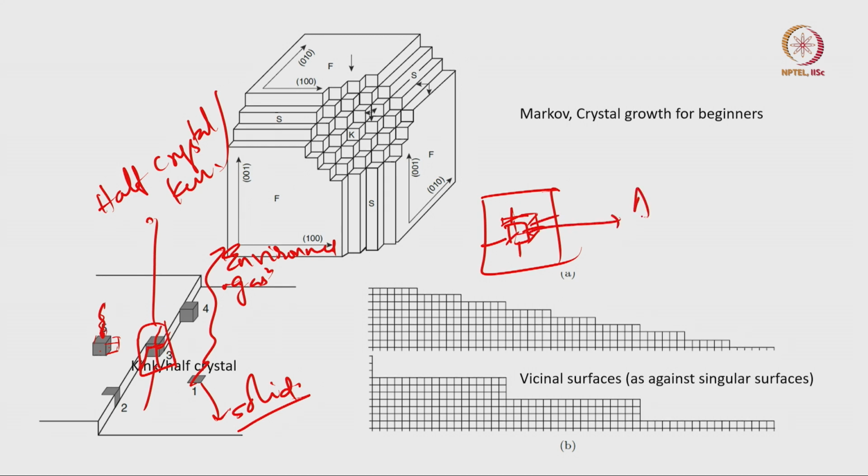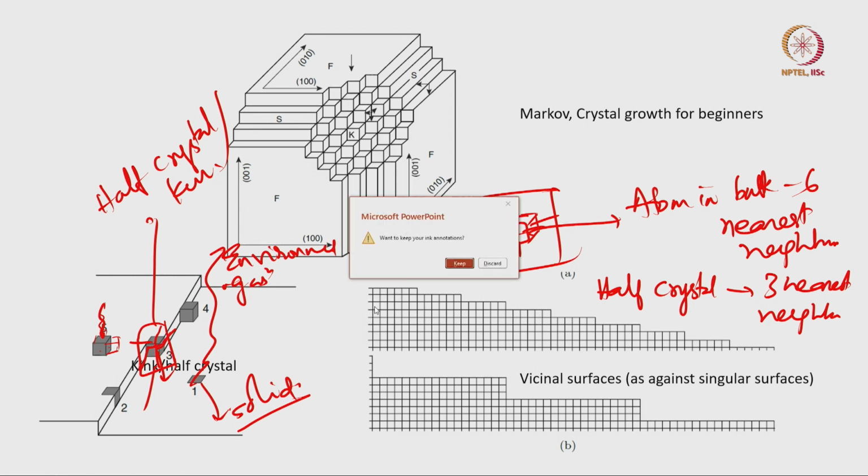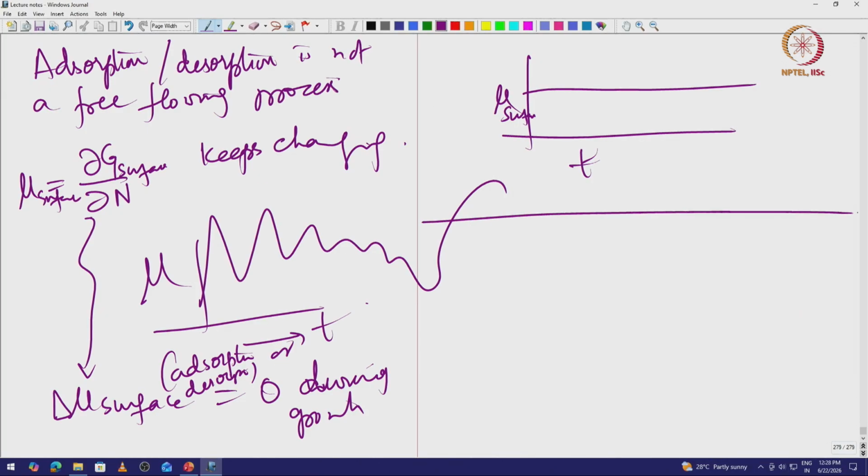So the atom in bulk is bonded to 6 nearest neighbors, whereas the kink position or half crystal position is bonded to 3 nearest neighbors. So 1 that side, 2 this side and 3 downside. So 3 nearest neighbors, half of what a crystal should have. The coordination number is half of what a crystal should have.